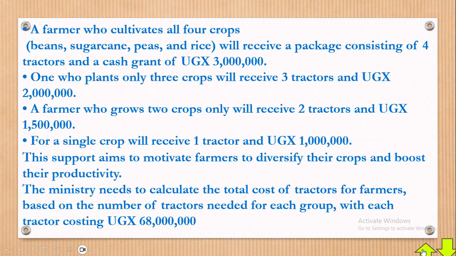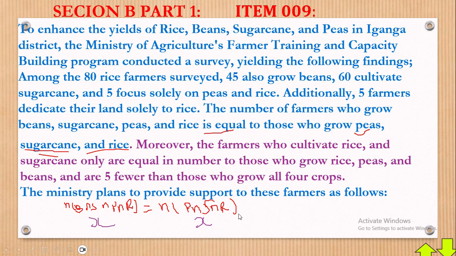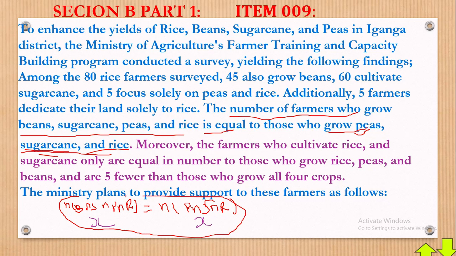Let's go there. So at this level, remember we ended at this point where in the logic part we said that the number of farmers who grow beans, sugarcane, peas, and rice is equal to those who grow peas, sugarcane, and rice, and that is the summary we had right here. It is done with that. Then next they are saying, moreover, this is another logic part.